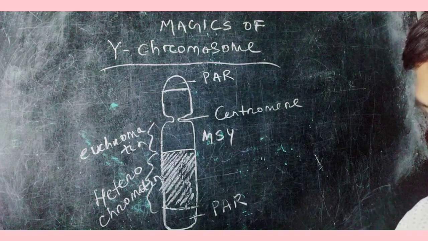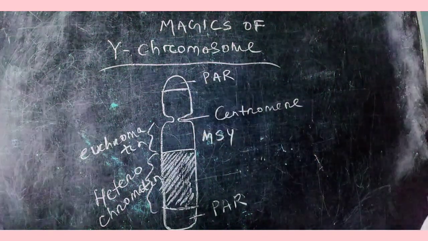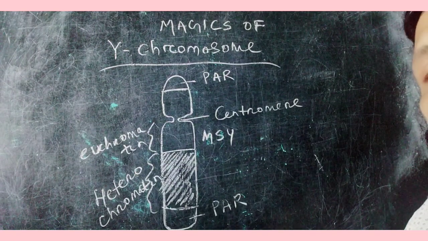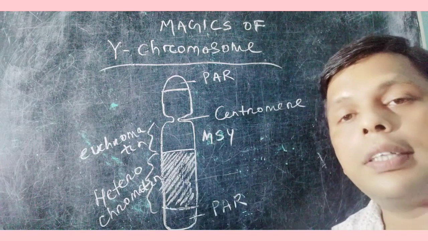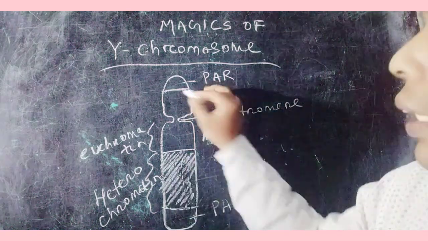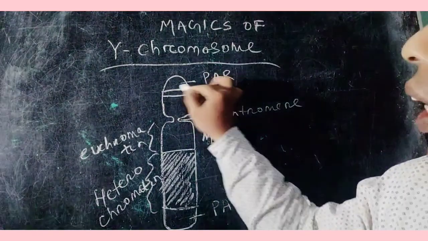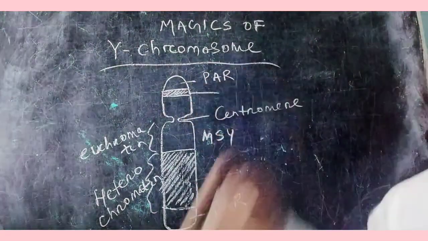Okay. So near the pseudo-autosomal region of the short arm, there is another gene here, at this region.